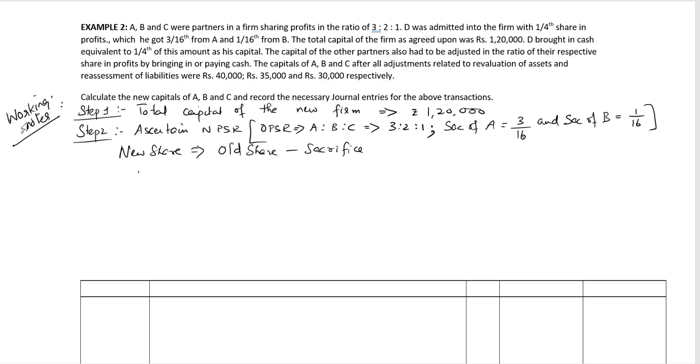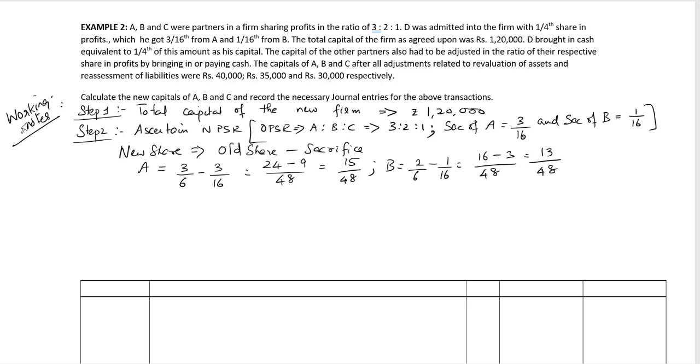So in the case of partner A, old share 3 divided by 6 minus the sacrifice 3 divided by 16, we have 15 divided by 48. For B, we have 2 divided by 6 old share minus 1 divided by 16 sacrifice, which is 13 divided by 48.